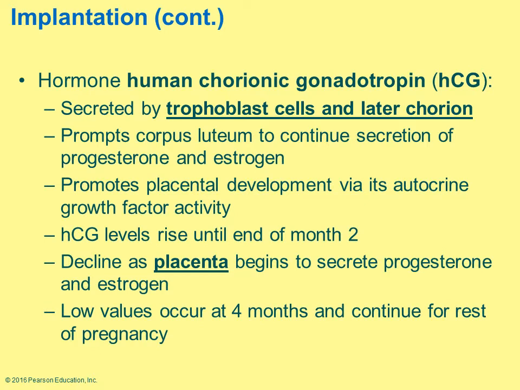One of the main hormones that it produces is human chorionic gonadotropin, or the HCG. This is going to be secreted by the trophoblast cells. This is helping stimulate the corpus luteum to continue secretion of progesterone and estrogen, once again preventing basically menstruation from occurring.